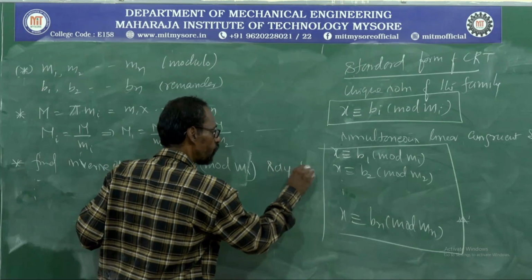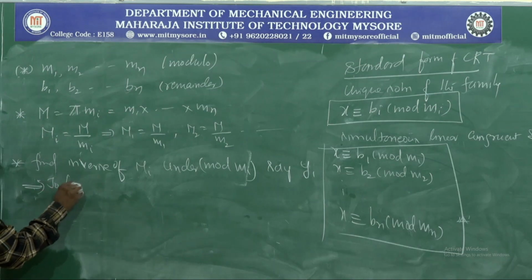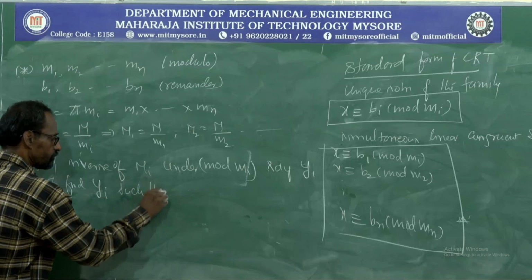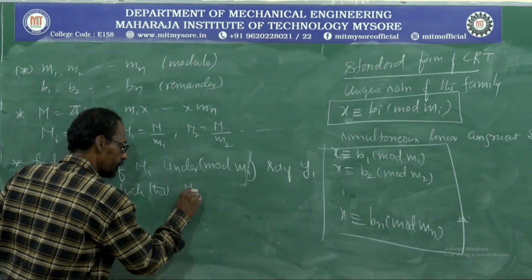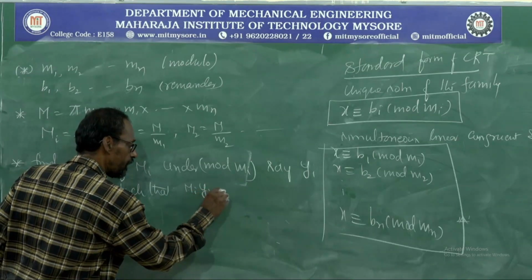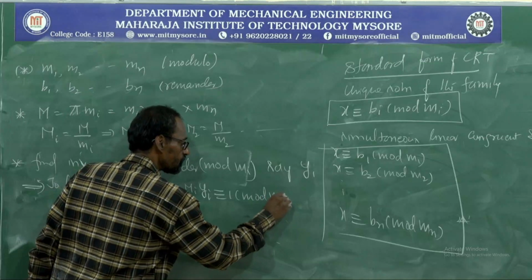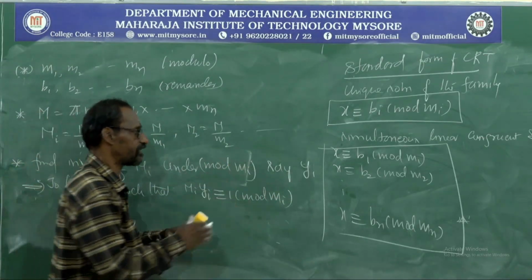Say it is going to be yi. That means, this implies to find yi such that Mi times yi is congruent to 1 modulo small mi. So I am going to get y1, etc.